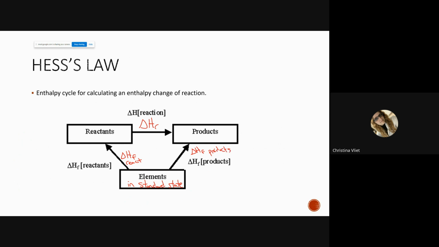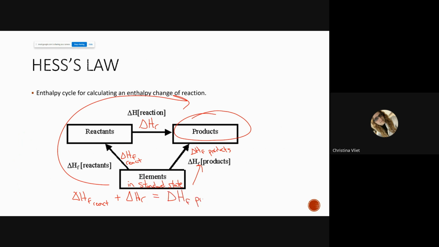What Hess's law says is that if you add these two arrows that go to the same place, you will get the equation that you need to solve the question. What do I mean by that? These two arrows go to products and this one arrow goes to products. So delta HF of the reactants plus delta HR for the overall chemical reaction equals delta HF for the products.